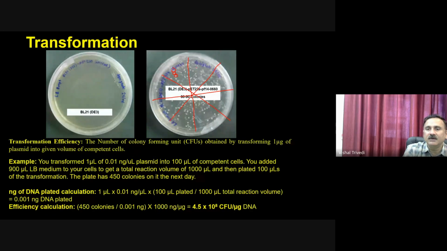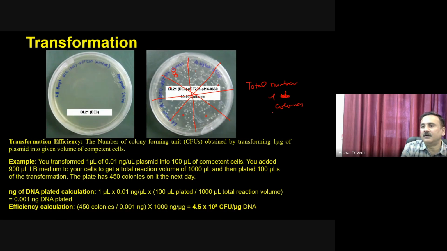Then we count the colonies in alternate sectors, and at the end we take the average. That gives you the total number of colonies.